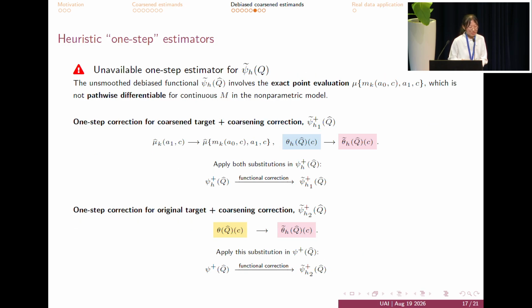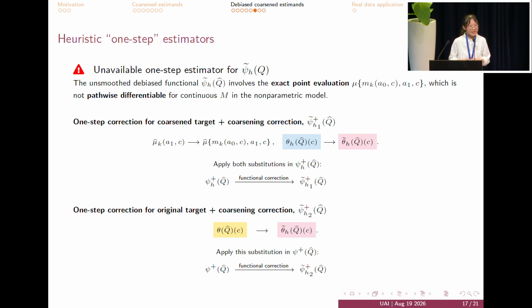But unfortunately, we cannot have the one-step estimator for the debiased one because the debiased functional is evaluated at the exact point. That means it's not pathwise differentiable, and we cannot have the one-step estimator for it. But we can play with what we already have and have some heuristic one-step versions.